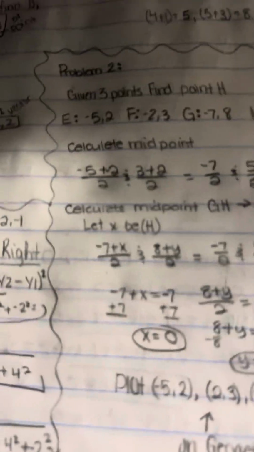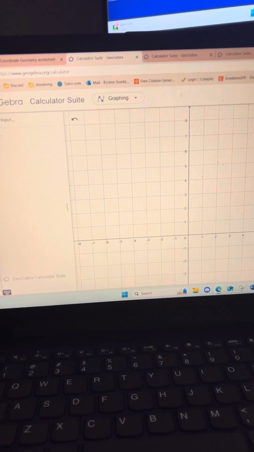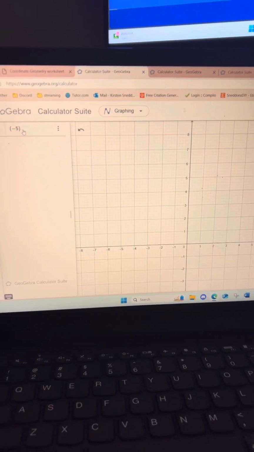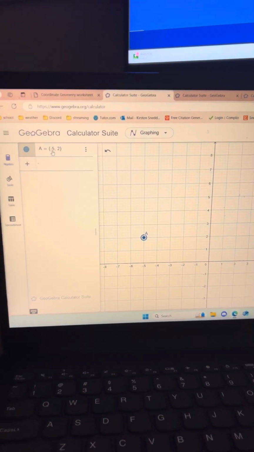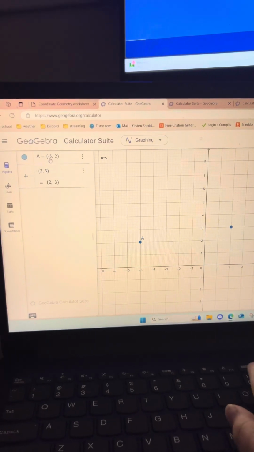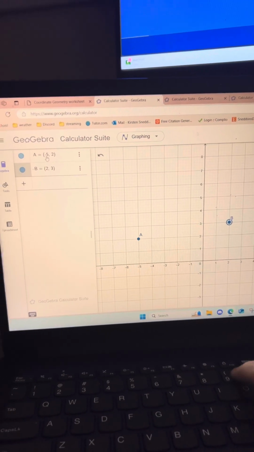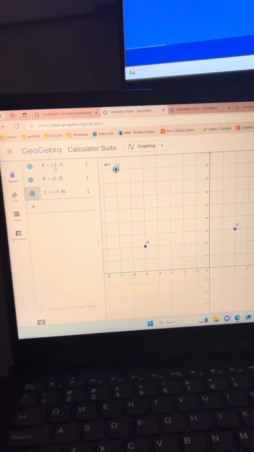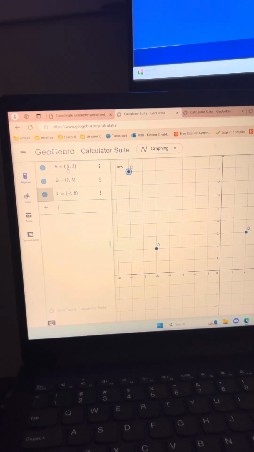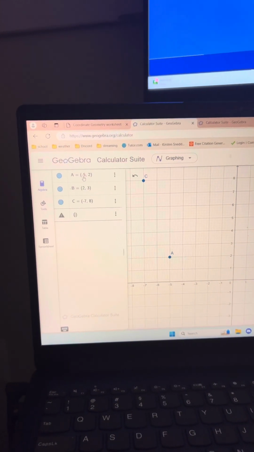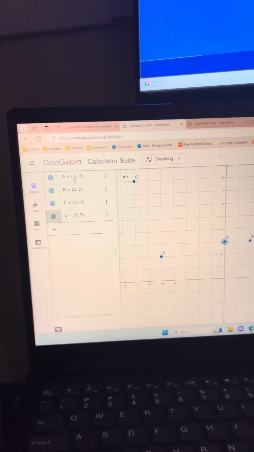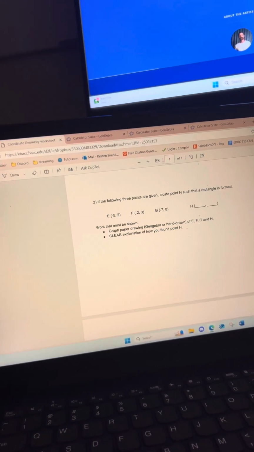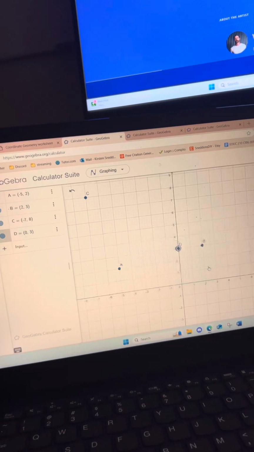Now I plot them on GeoGebra. (-5, 2), (2, 3), (-7, 8), and then we place our H, which would be (0, 3), but this is to form a rectangle.